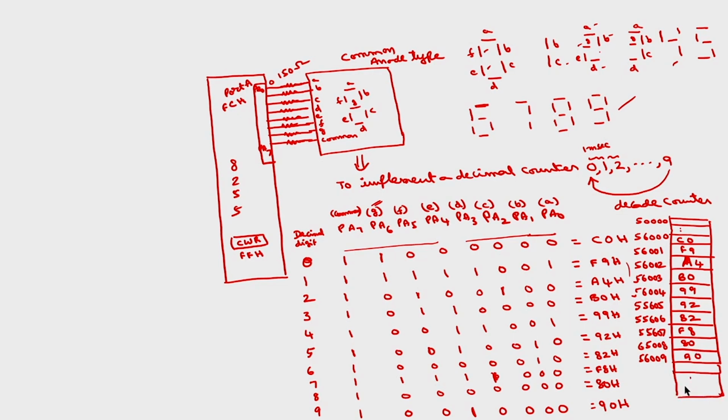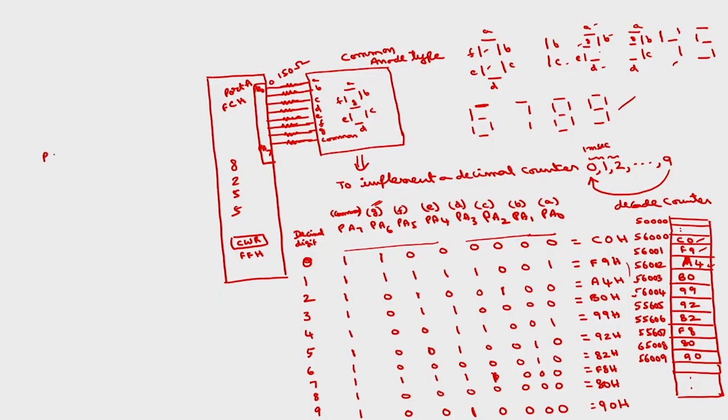The addresses we are not using. Okay. Now, I want to display these values through this. First you display this C0 value, then you display F9 value, A4 value and so on. And in between you call a delay subroutine of 1 millisecond.